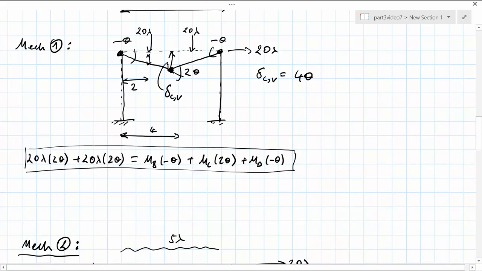For the purpose of performing static checks, we will call this equation 1.